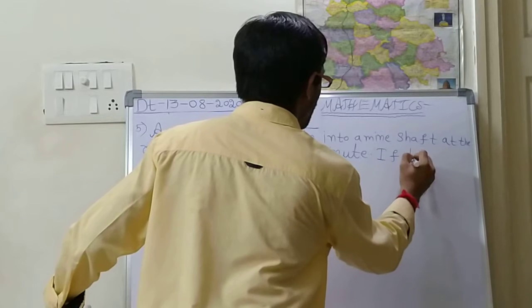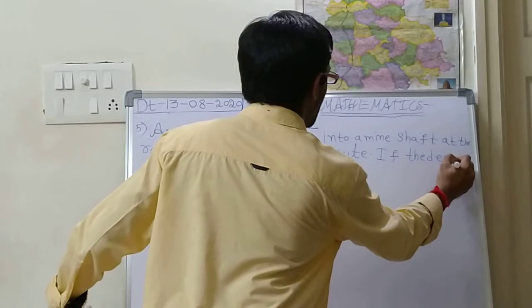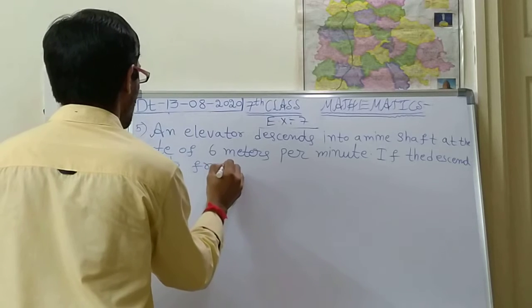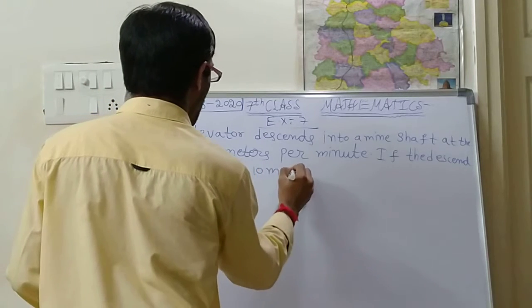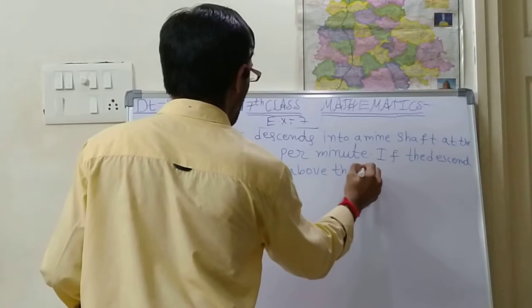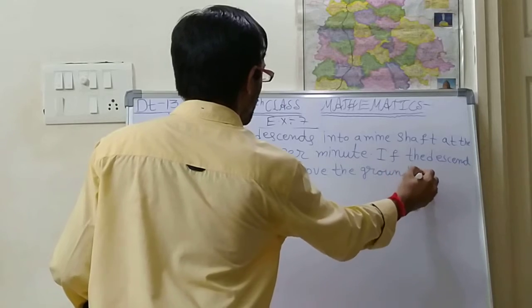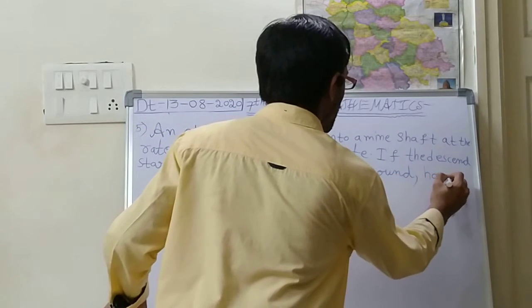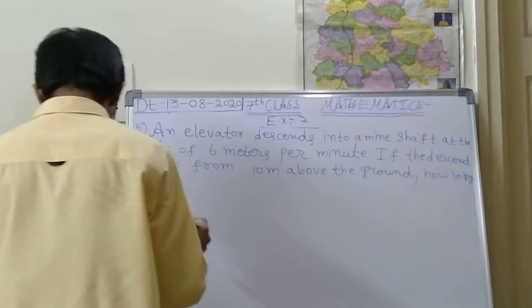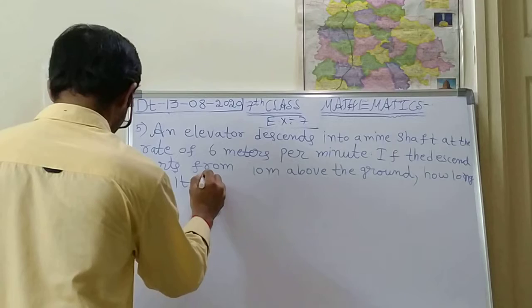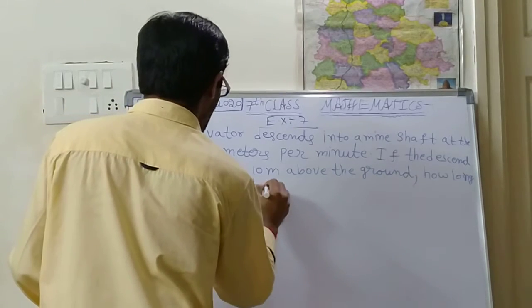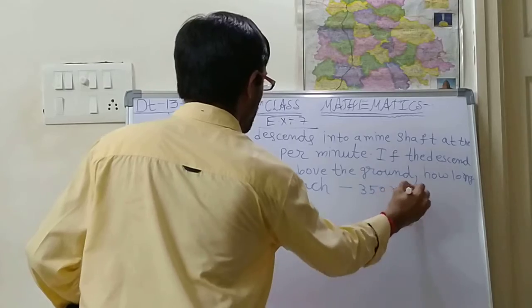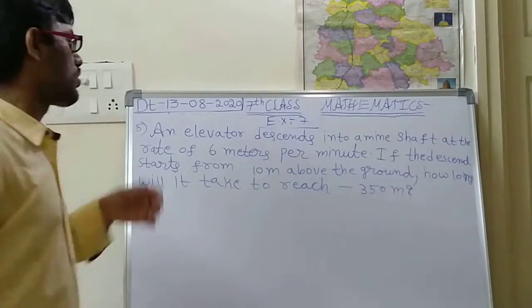So if the descent starts from 10 meters above the ground, how long will it take to reach minus 350 meters? So this is a problem.